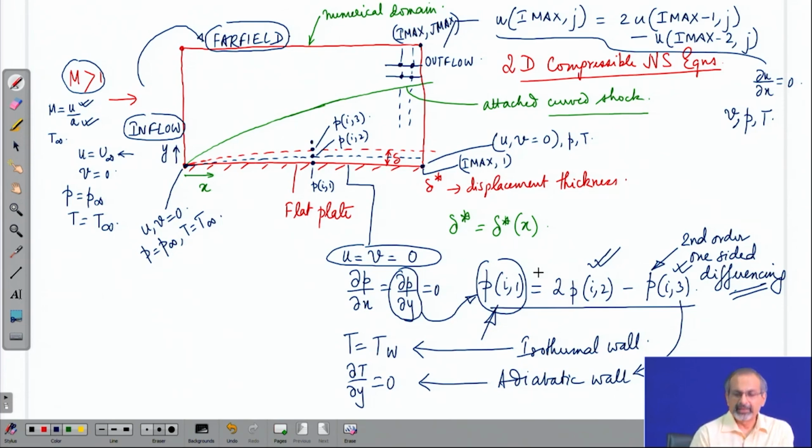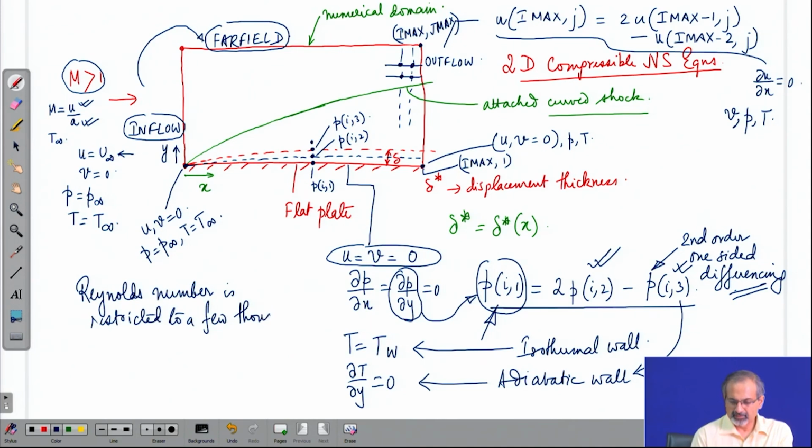You take domain dimensions in a manner that the Reynolds number is restricted to a few thousand.